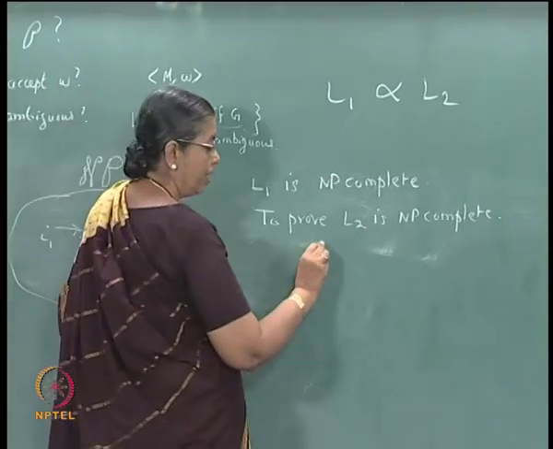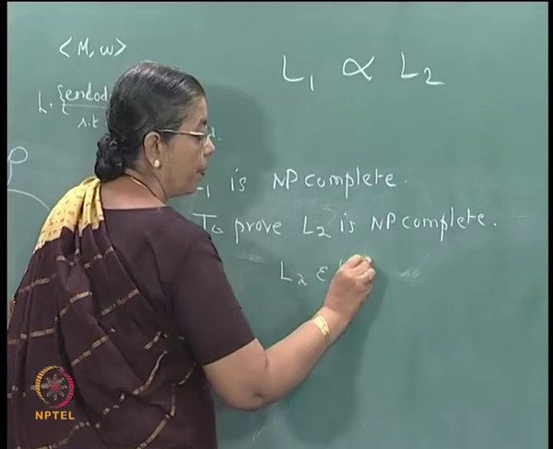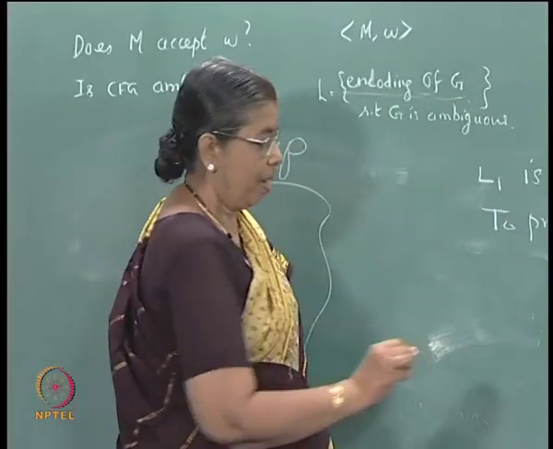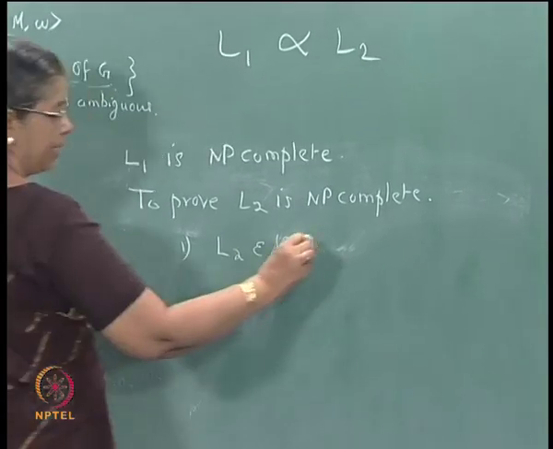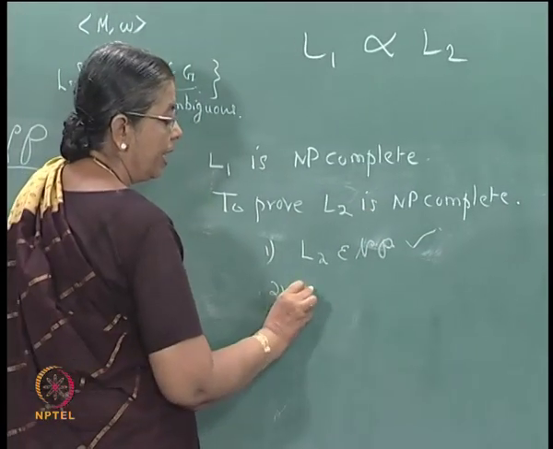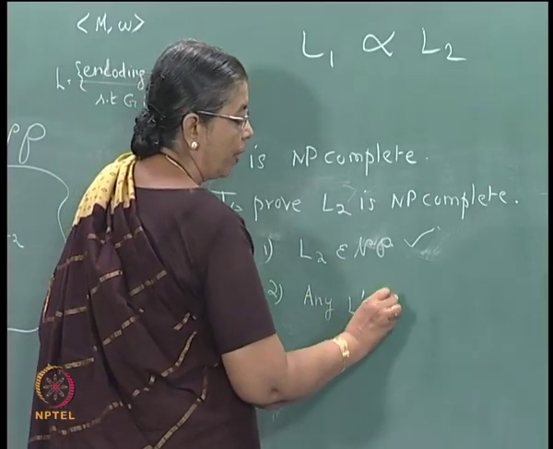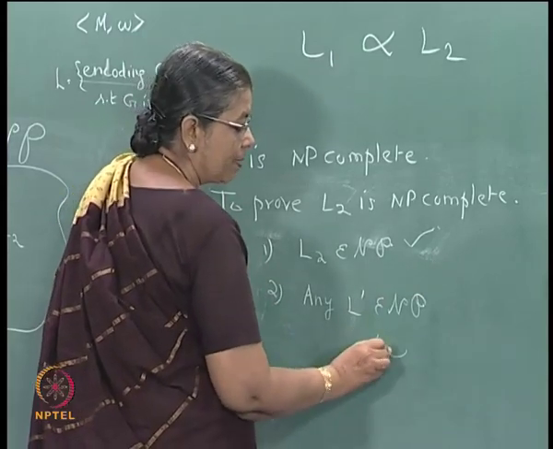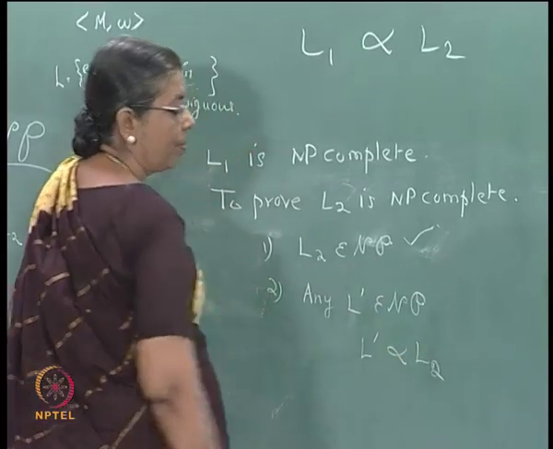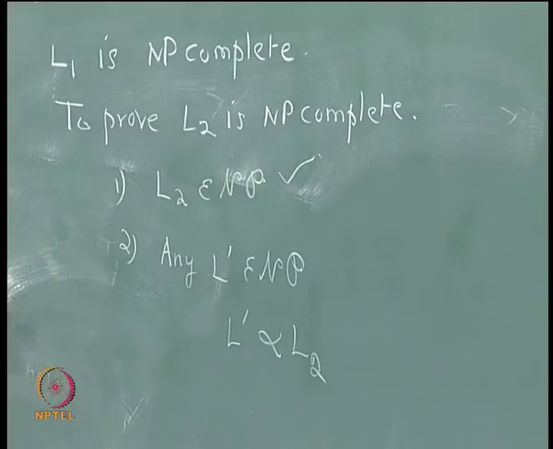You have to show that L2 belongs to NP, the first condition, but that is given, L1 and L2 are in NP, so this is satisfied. The second condition: for any L dash belonging to NP, L dash is polynomially transformable to L2. This is what we have to prove.